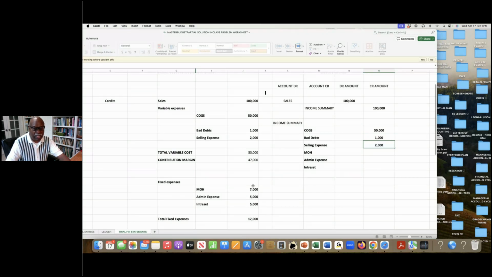And then MOH, administrative expense, and interest expense are closed for the amounts listed here.